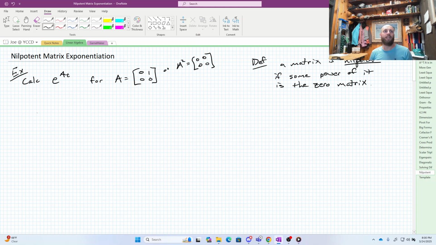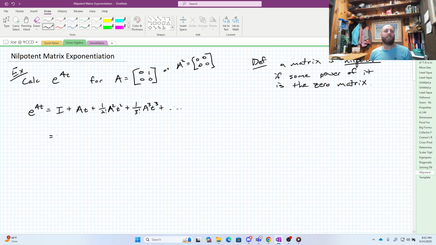My goal is to calculate e to the At, so I'm going to say e to the At is the identity plus At plus 1 over 2 factorial A squared t squared plus 1 over 3 factorial A cubed t cubed plus on and on and on, right? And here's the thing.